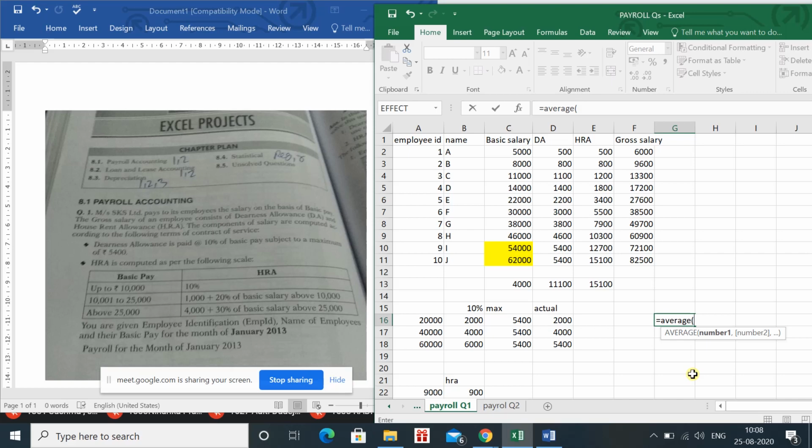It will show me the formula also, right? It is telling me average, bracket open, then select all the numbers. So suppose I want to check the average of gross salary. I will go to the gross salary and click on the cell.